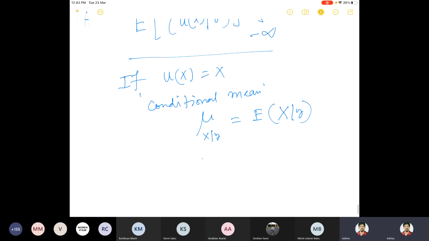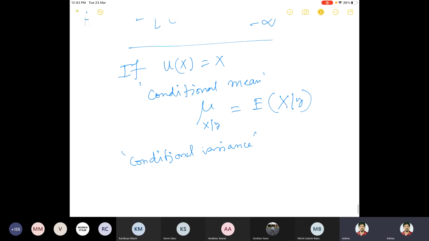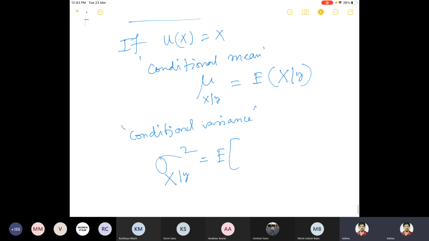Similarly, conditional variance has the same definition, the only change is that there will be a given y. Conditional variance is sigma square x given y. So this is the expectation of the same definition, x minus mu of x given y, whole square, given y.